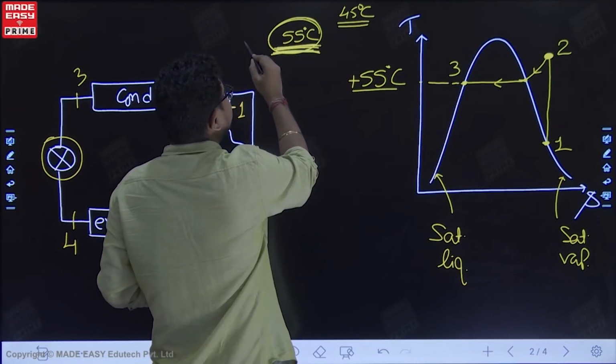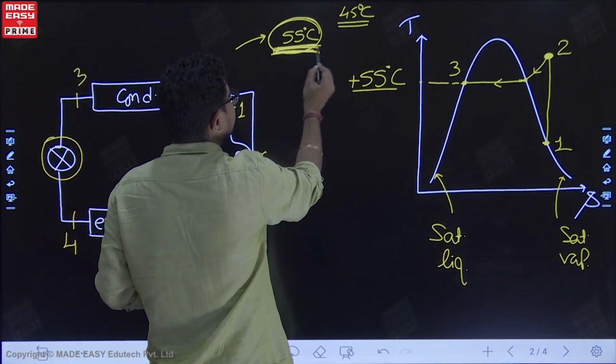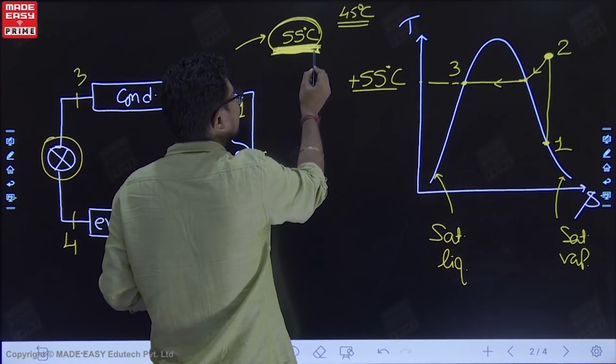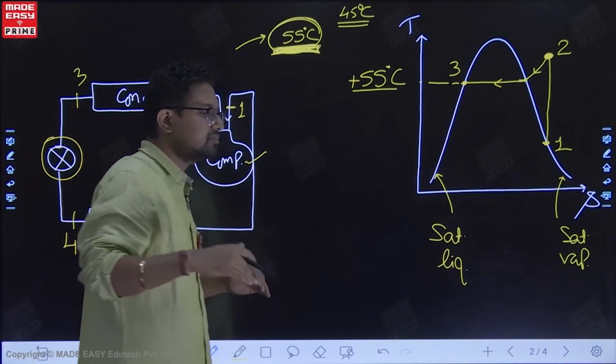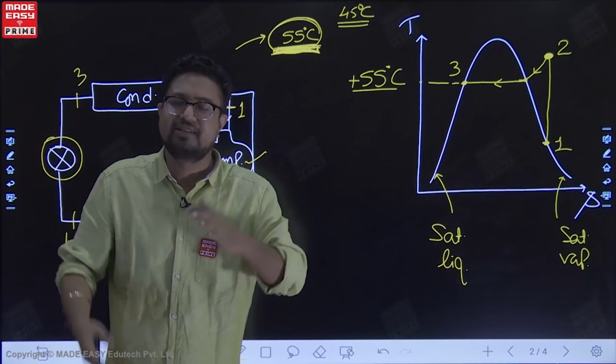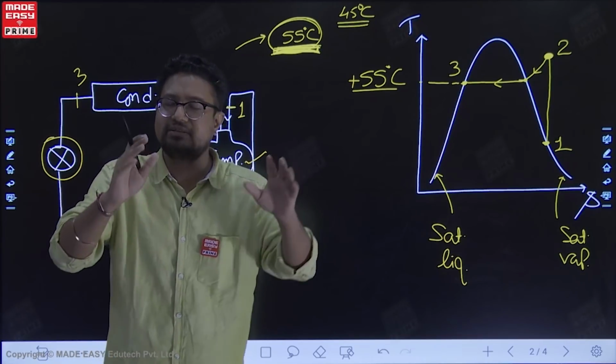So if the refrigerant has to change phase at 55, why phase change? Because during phase change your temperature is not changing, then also you are rejecting heat.